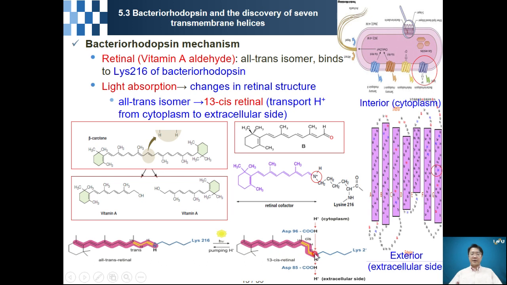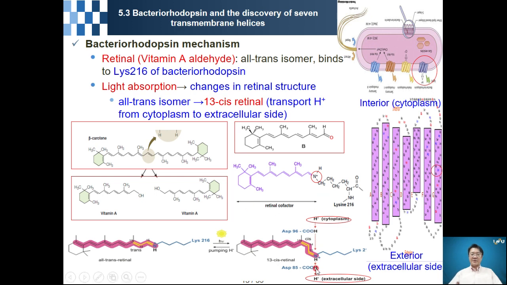This 13-cis retinal can transport hydrogen protons from the cytoplasm to extracellular sites, but I will not cover this mechanism in detail.